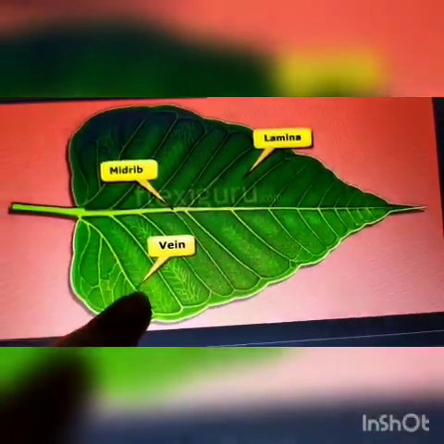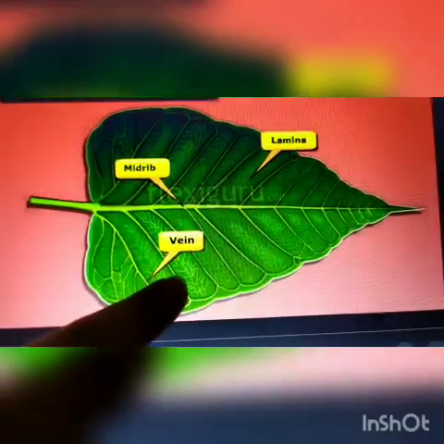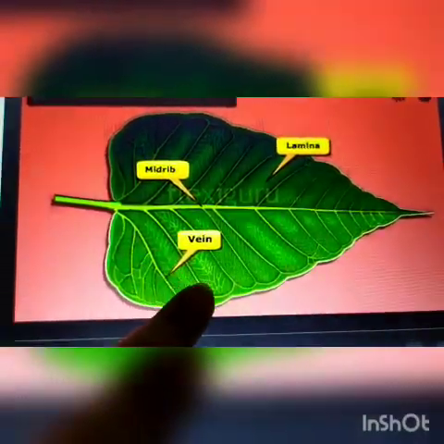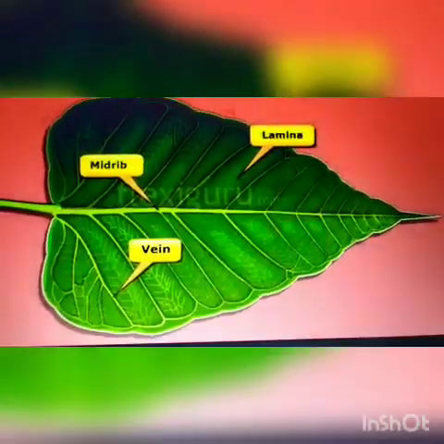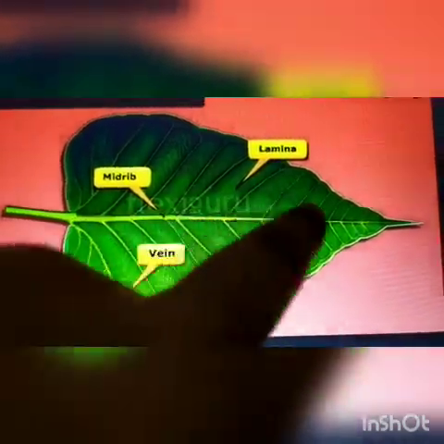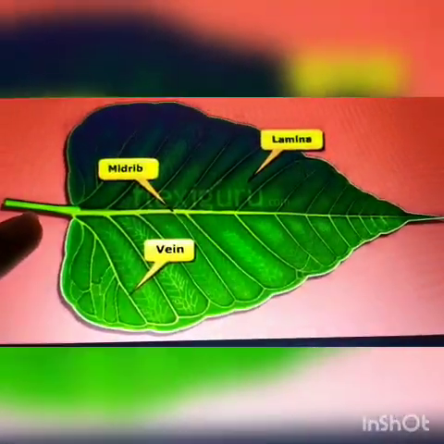As you can see here, these side veins or veins are connected to the main vein. Okay.